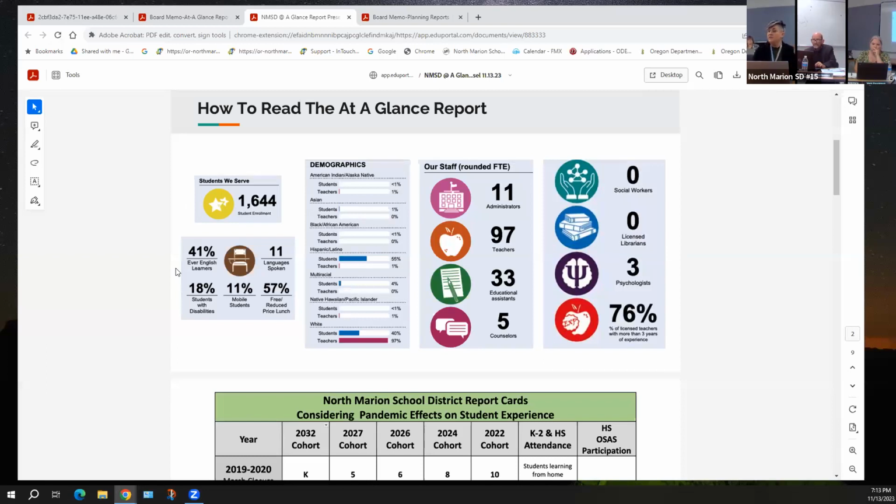Everett ELs are students who at any time in their academic career were identified as English language learners.